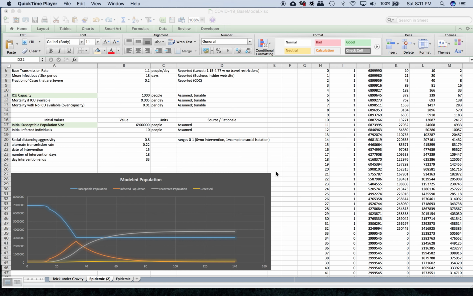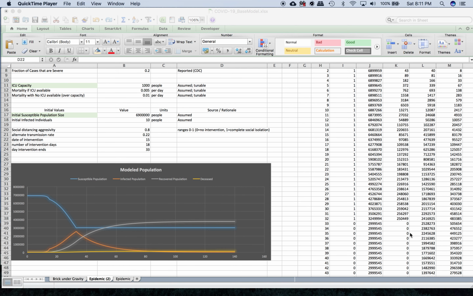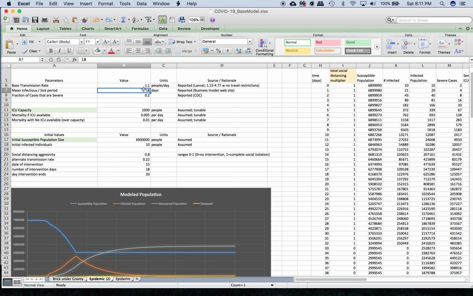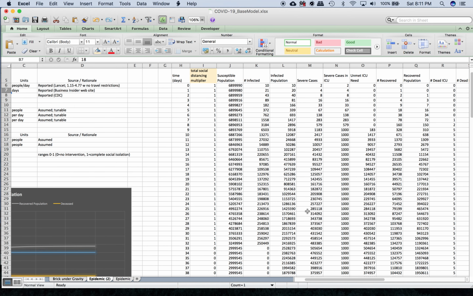Okay, so the other issue that we were having with the model is you can see here this very gradual kind of tail off of the recovered population. But as we said before, by day 18, so 18 days after you've been exposed, you should be recovered. And so if we look over at the recovered population here, by day 33, you've got no new infections.